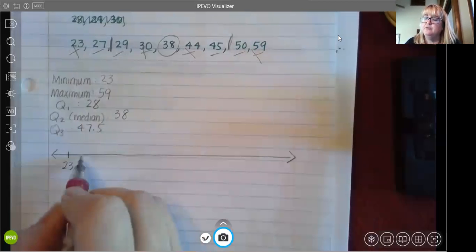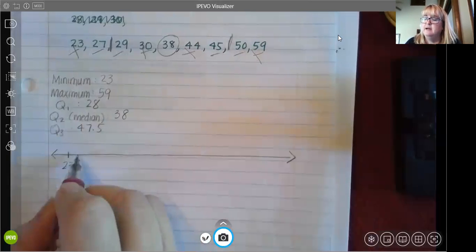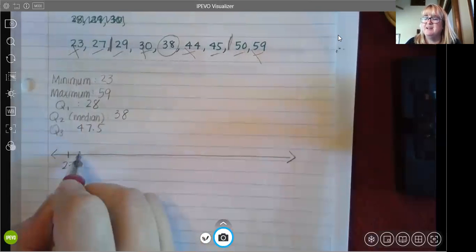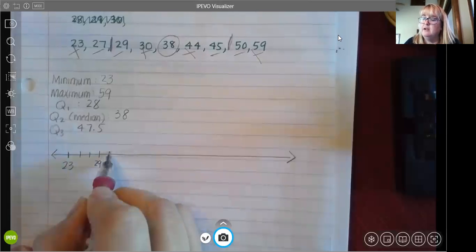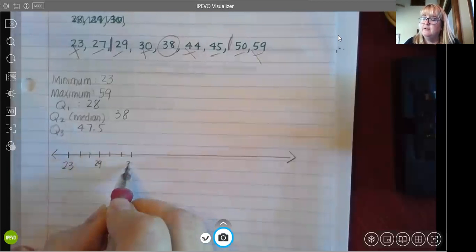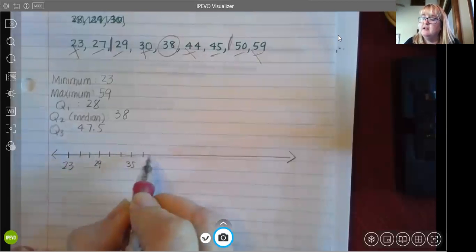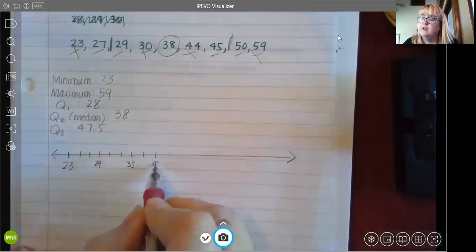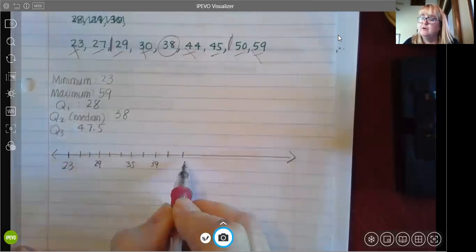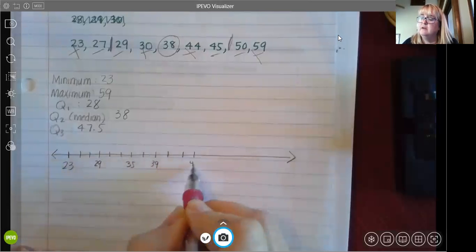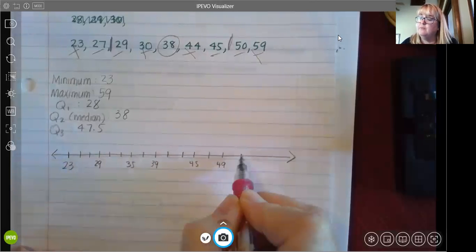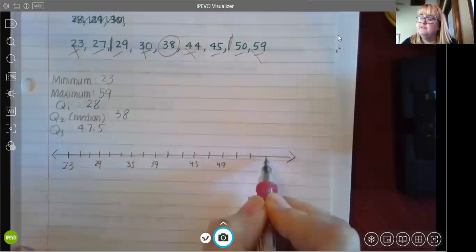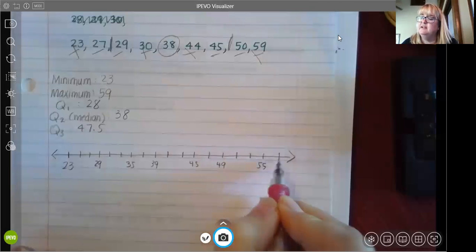All right, I am going to count by 2s, 23, but I'm not going to label each one. 23, 25, 27, 29, 31, 33, 35, 37, 39, 41, 43, 45, 47, 49, 51, 53, 55, 57.